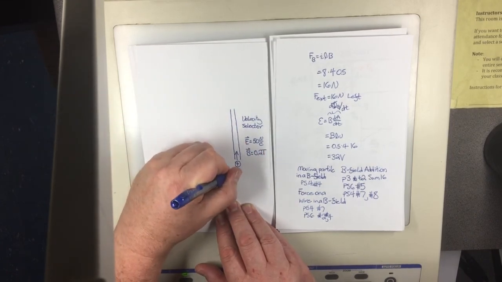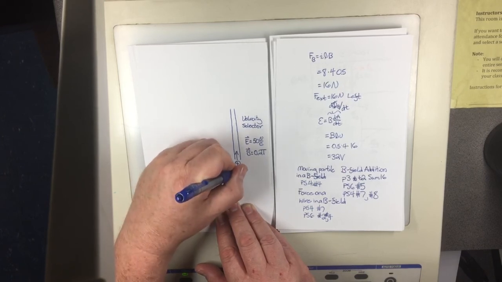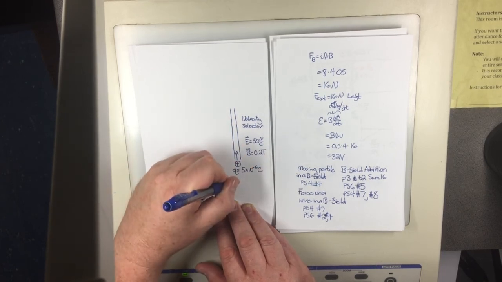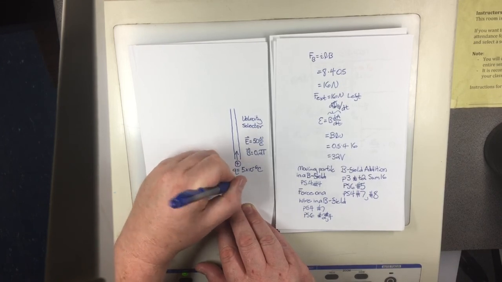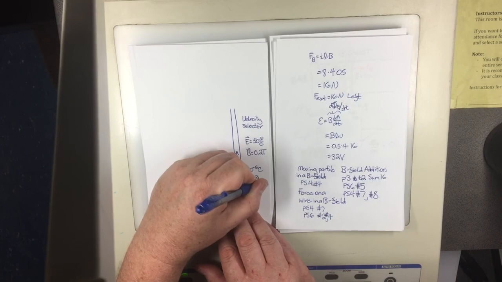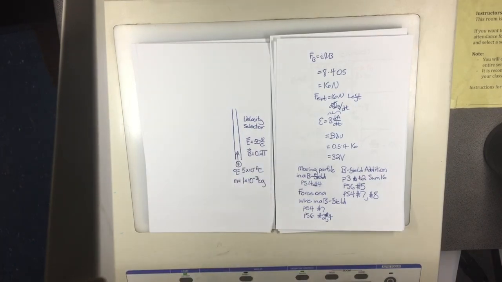The charge on this guy is 5 times 10 to the negative 6 coulombs, and the mass is 1 times 10 to the negative 3 kilograms. So the first question is, what's the velocity of this thing in order for it to pass through the velocity selector?